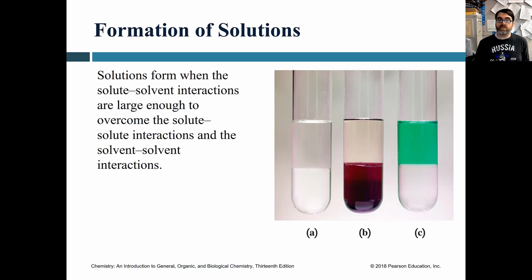What happens when you have a solution is you have things that are able to mix because the attraction between the solute and solvent is stronger than the solute-solute interactions and the solvent-solvent interactions. Essentially the solute-solvent wins the tug of war in terms of which things are more attracted.